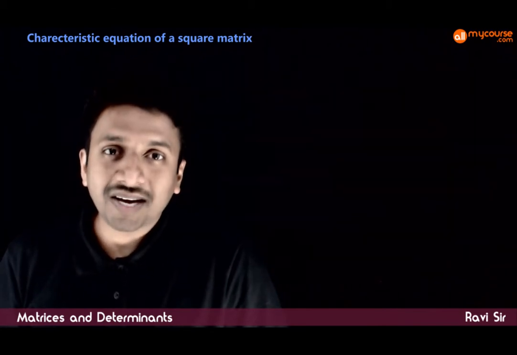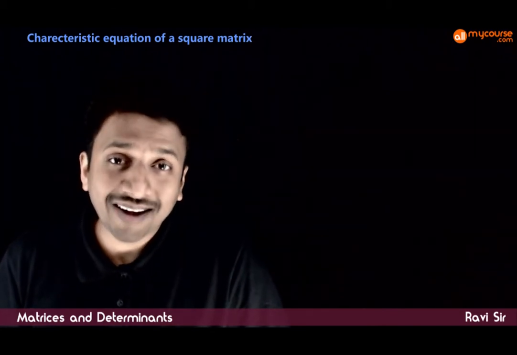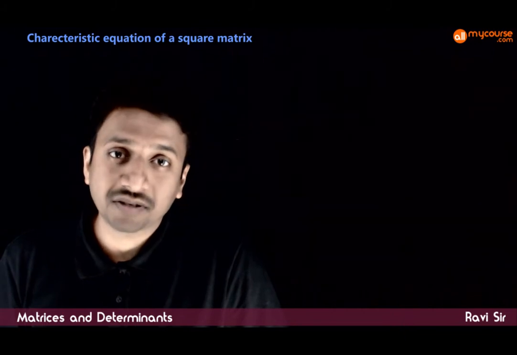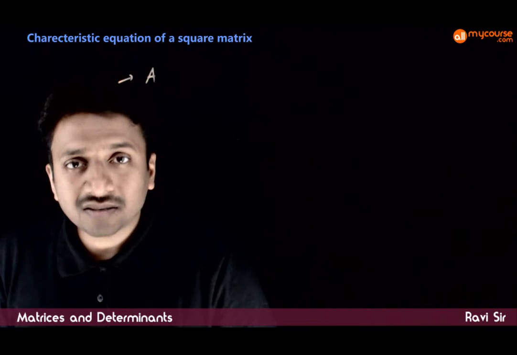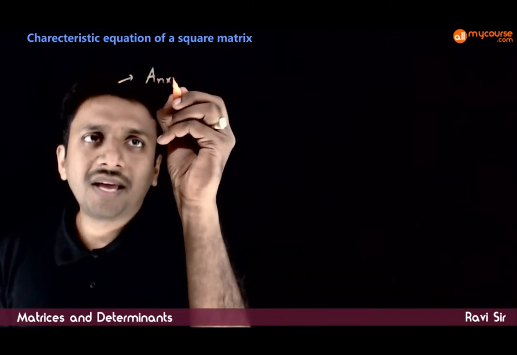In this video, let us look at the concept of characteristic equation of a square matrix. So let us say that A is a square matrix of the order n by n.